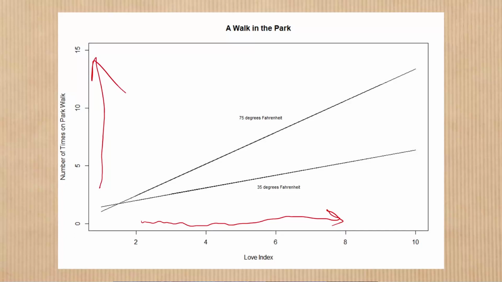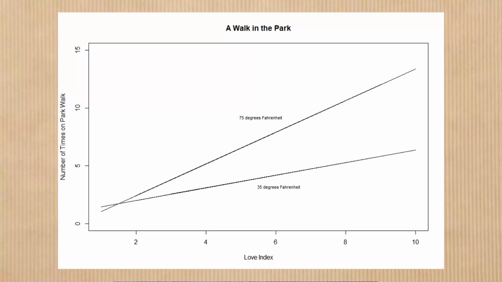So I ask the question, all right, since they are related, how strong is the influence of love on the number of times you walk in the park? That is, how steep would the regression line be? What's the slope? If you answer, it depends upon what the temperature is outside, then temperature is interacting with the amount of love in order to influence the number of times they walk in the park.